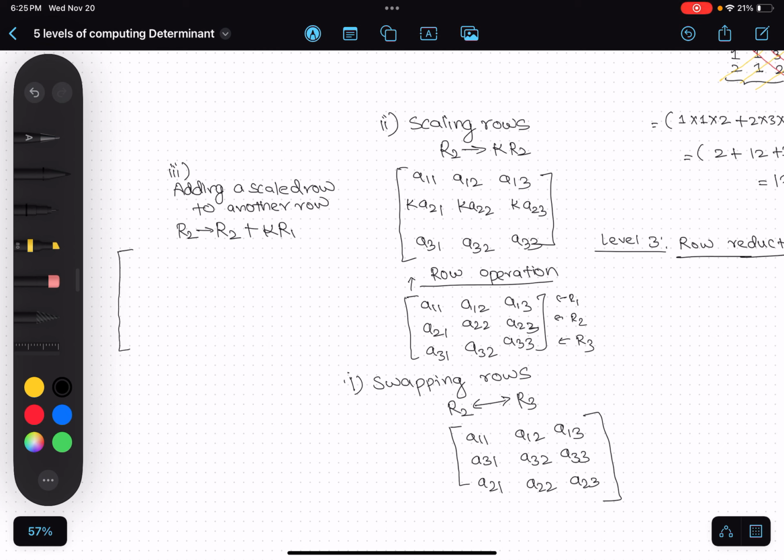Now if I do this row operation, in row 2 I will have row 2 plus k times row 1.